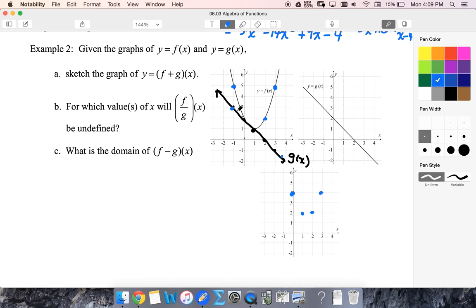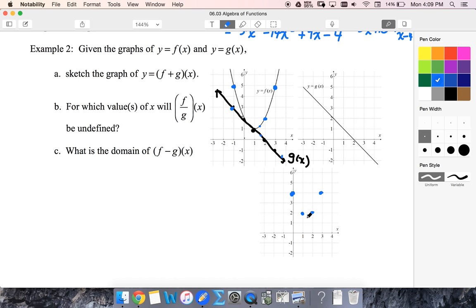So again, it looks like I'm still going to have a parabola, but my parabola has been shifted, and it looks like 1.5 is going to be my vertex. So at 1.5, I've got about a half plus something that looks like it's about, I don't know, 1.25, 1.3, something like that.